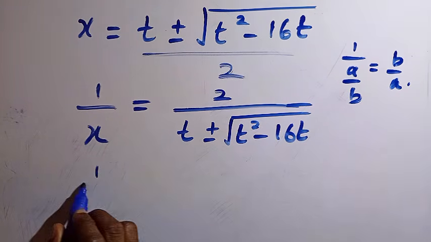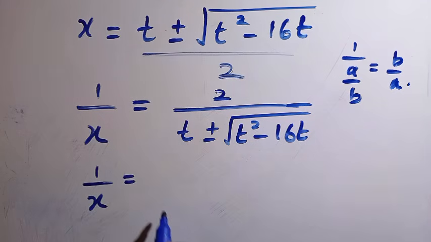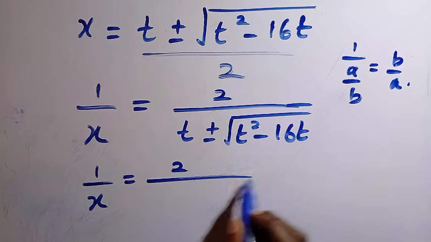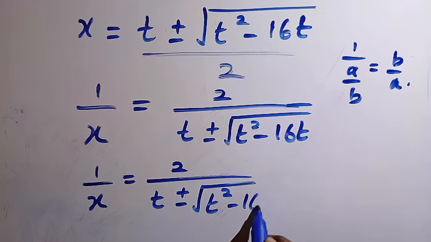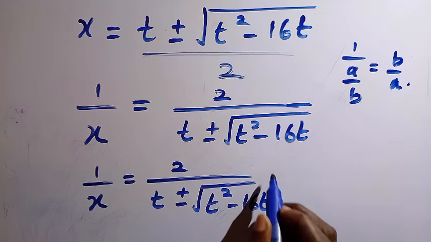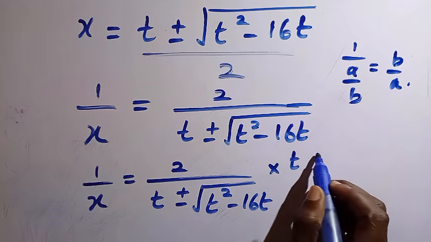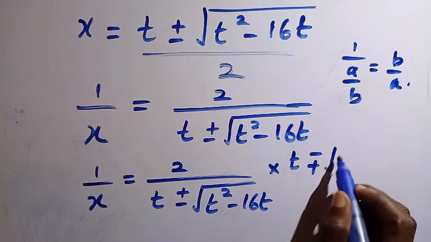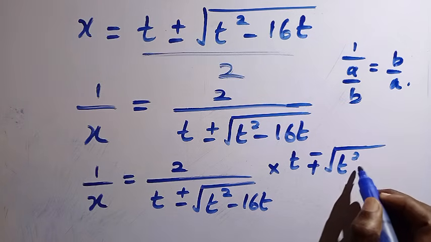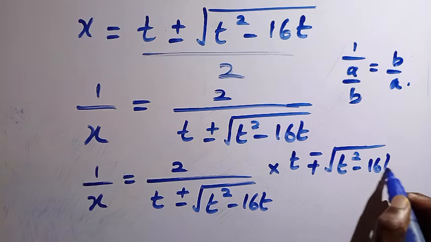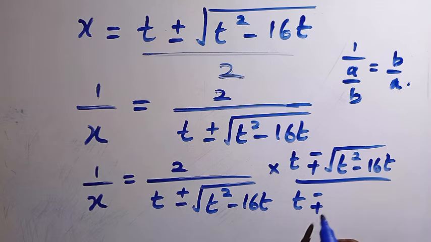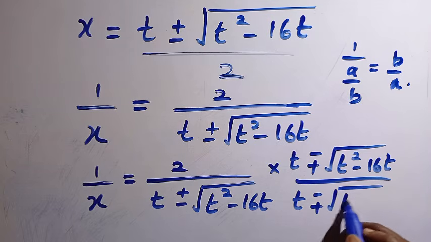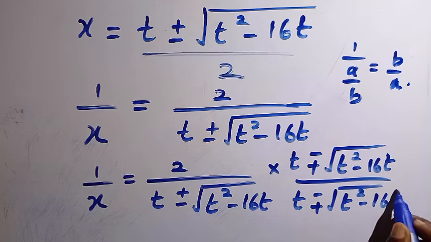So then we have 1 divided by x equals 2 divided by t plus or minus the square root of t squared minus 16t, then multiply by t minus plus the square root of t squared minus 16t divided by t minus plus the square root of t squared minus 16t.